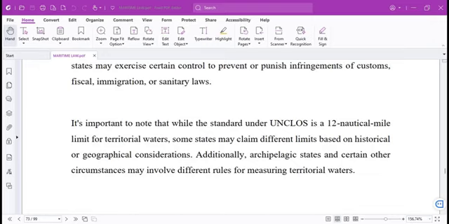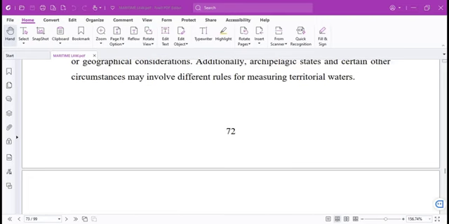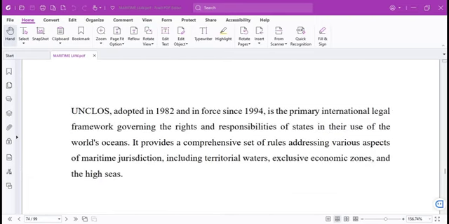It is important to note that while the standard under UNCLOS is a 12 nautical mile limit for territorial waters, some states may claim different limits based on historical or geographical considerations. Additionally, archipelagic states and certain other circumstances may involve different rules for measuring territorial waters.